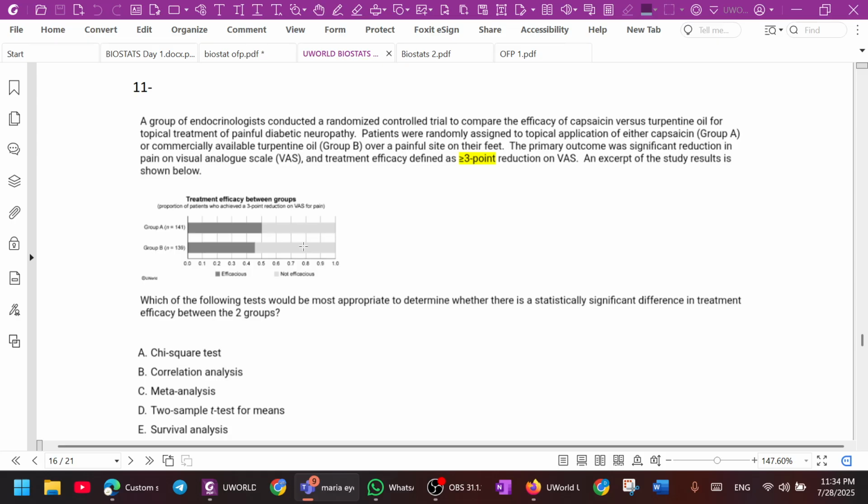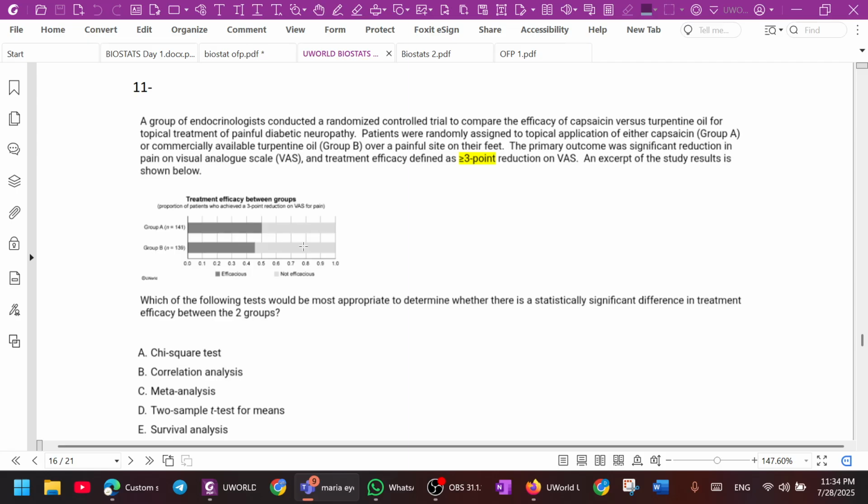The primary outcome was significant reduction in pain on the visual analog scale, and treatment efficacy was defined as a 3-point or more reduction on the VAS.